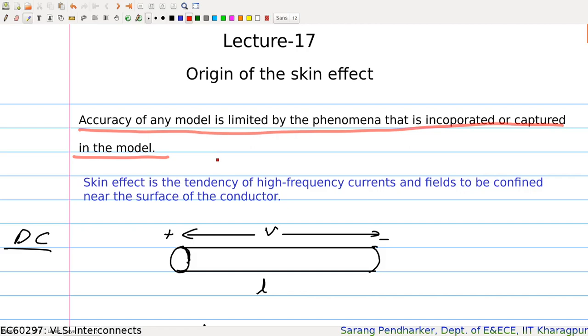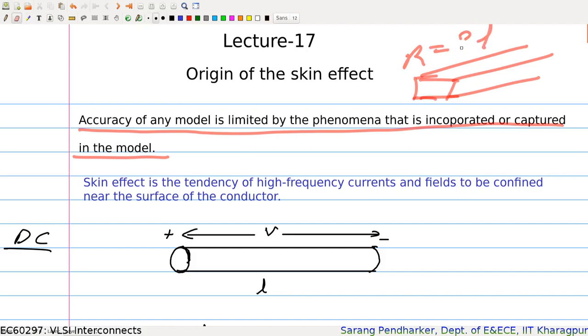In the previous modules, we were looking at the RLC interconnect model and also the RC model, and there we said that if I have an interconnect of a certain cross section, I can get the resistance for that segment simply as rho into L, where L is the length of my interconnect, divided by W into H, where H was the thickness of the metal of the interconnect and W was the width.